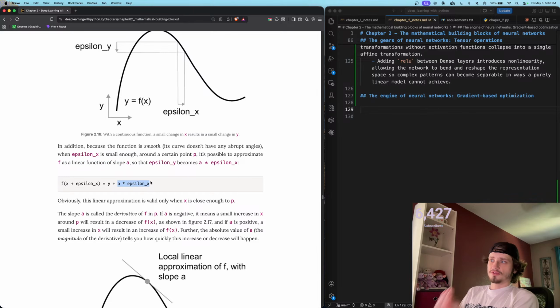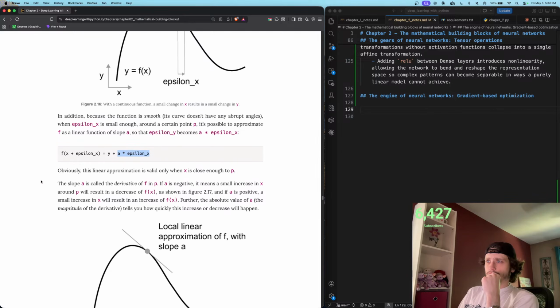That just fills in for epsilon y here. If you move epsilon x, causing epsilon y to change, causing y to change with the corresponding adjustment, we can substitute a in for that and compute a slope approximation.